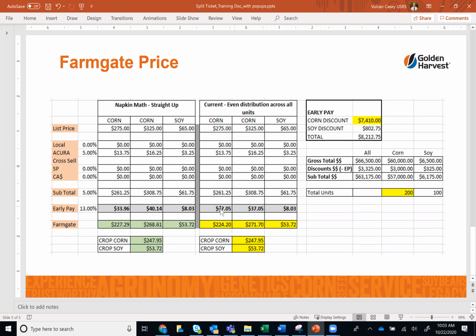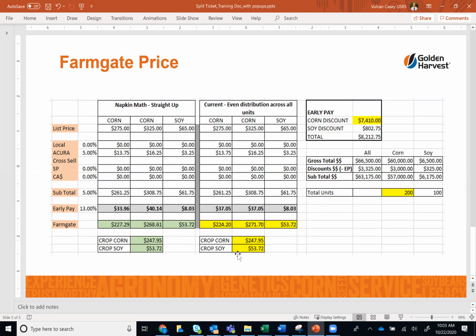So I've applied a 37.05 early pay discount to get 224.20. Same thing on the second product, standard 37.05 early pay discount to get 271.70. So you can see that because of the way that it's evenly proportioned, I have a slightly different early pay discount applied on the product level than what my napkin math would tell me.